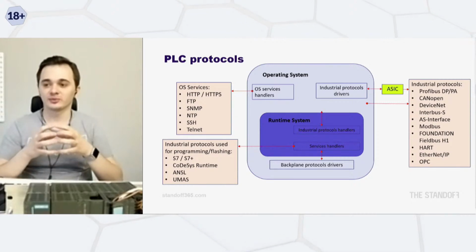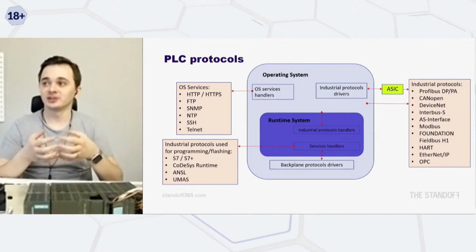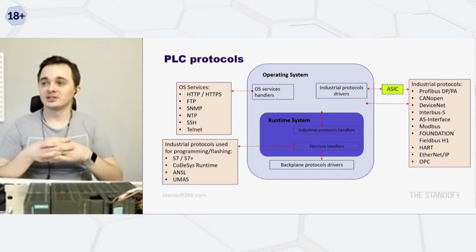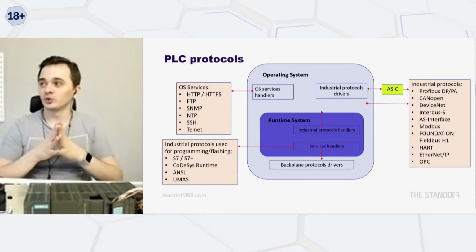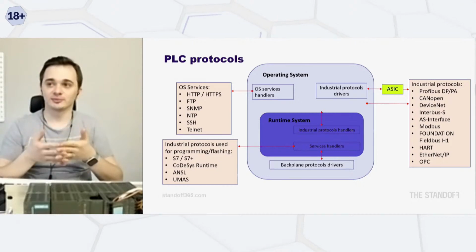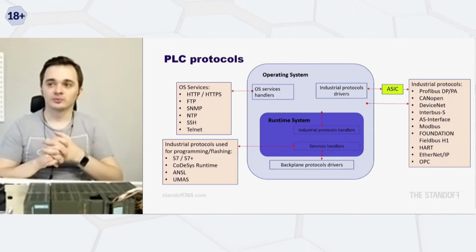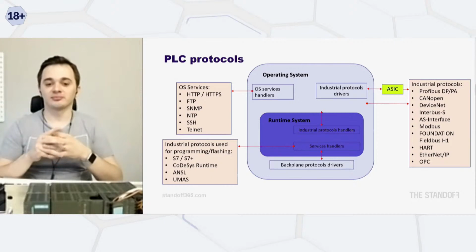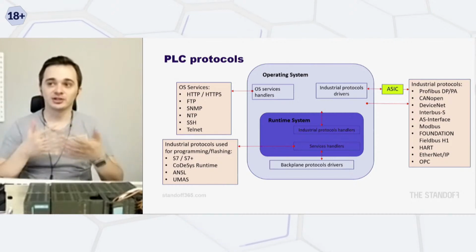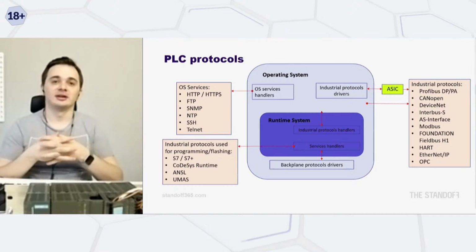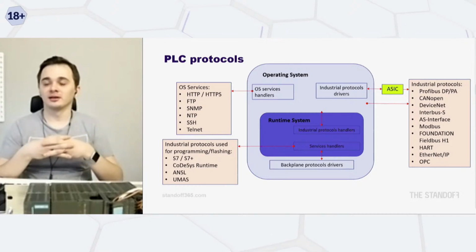Now, let's consider how a PLC communicates with the outside, with the external environment. In its operating system, there are different capabilities. Usually, a PLC would support, let's call it, regular protocols like HTTP, FTP, SNMP, NTP.